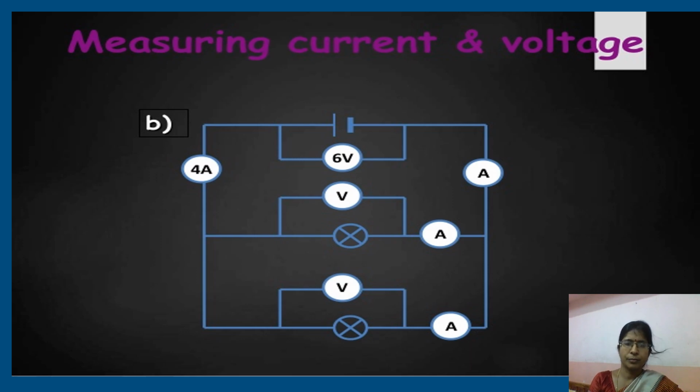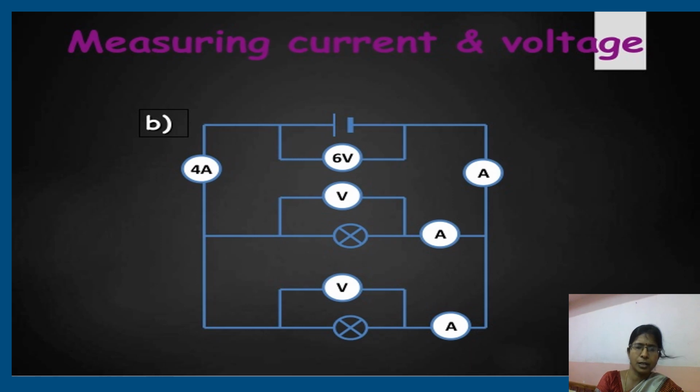The next one. Next, another problem. In this circuit, we have to first identify which type of circuit it is. Here two resistors are there, and these two resistors are connected in parallel because it's not end on end.